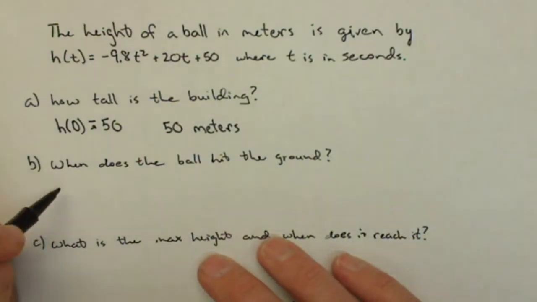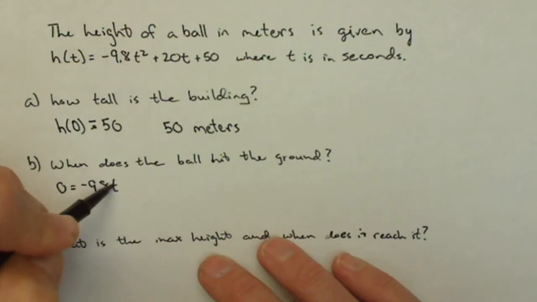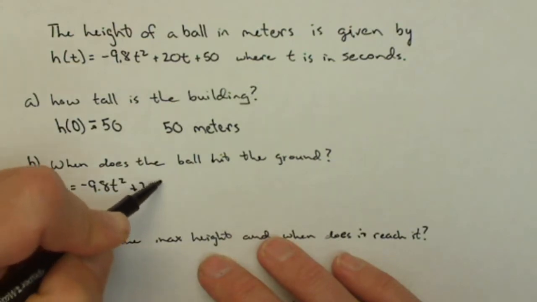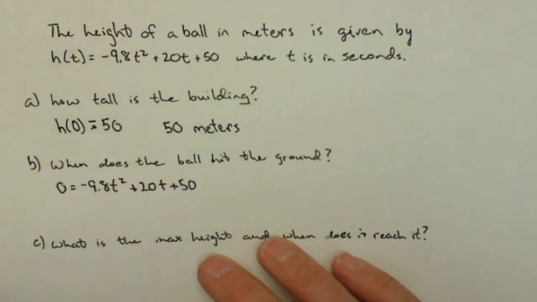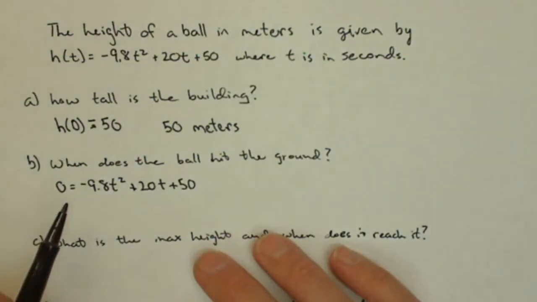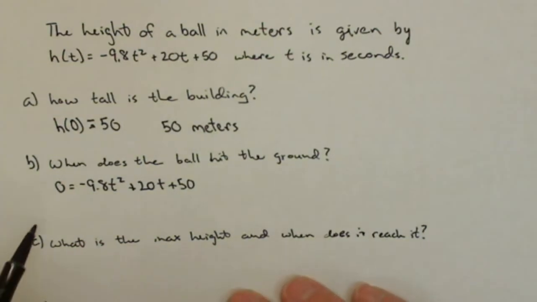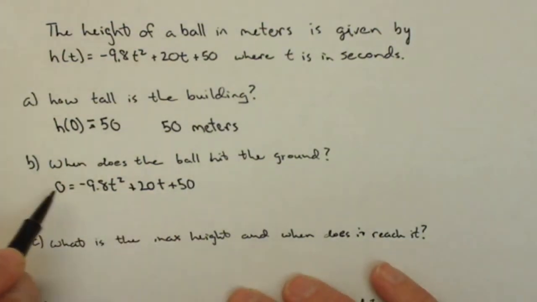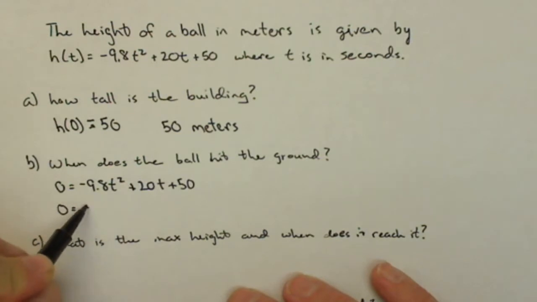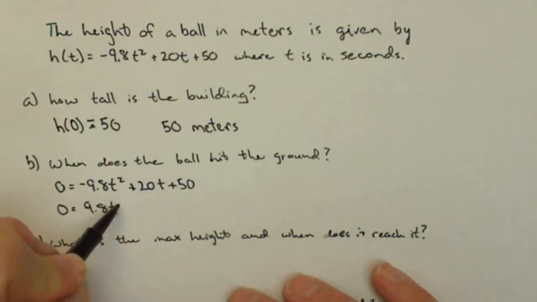When does the ball hit the ground? Well, that's going to be when this is equal to 0. Negative 9.8 t squared plus 20t plus 50. And this is probably not going to factor very easily, so we'll go ahead and use the quadratic formula. I like my coefficient on t squared to be positive, so 9.8 t squared.